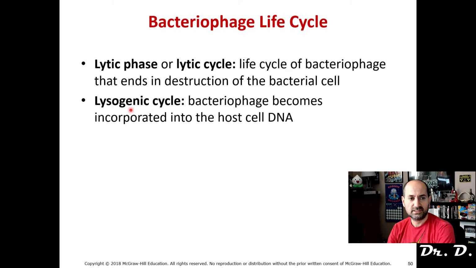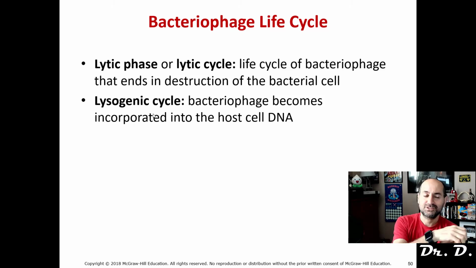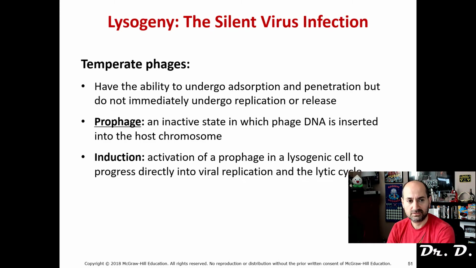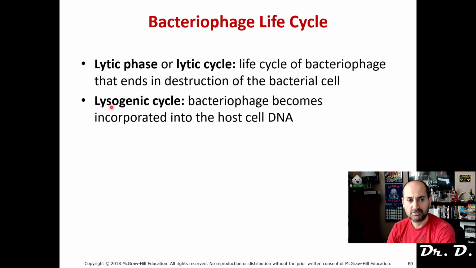Remember, in lysogeny, the phage can incorporate itself into the host genome as a prophage, and then it can switch to the lytic phase, which means that the prophage can excise itself, or it can actually cause viral replication and lysis of the bacterial cells. So these are called temperate phage. Temperate phage are the ones that can do both lysogenic and lytic cycles.